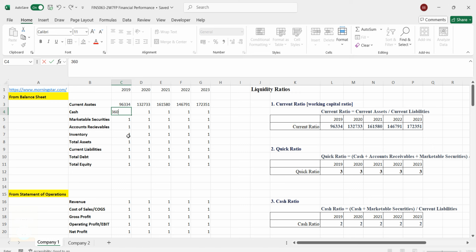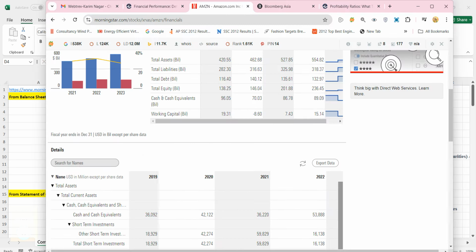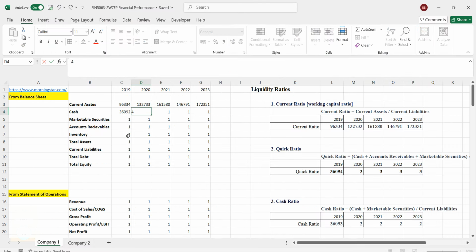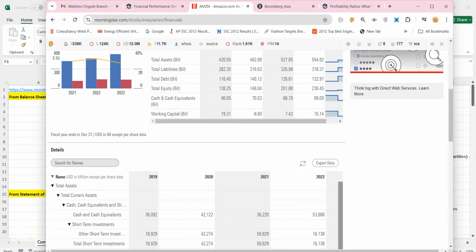36092. Then 42122. You're supposed to take your own values. Okay, 36220. Next, 53,888.